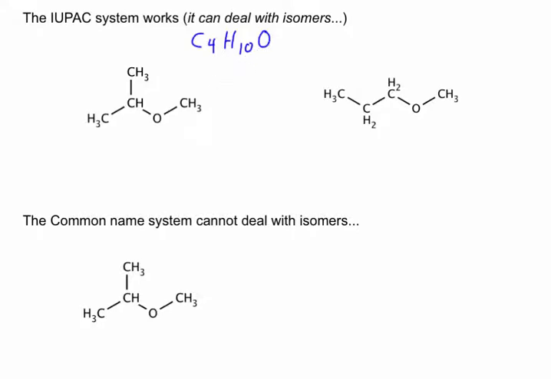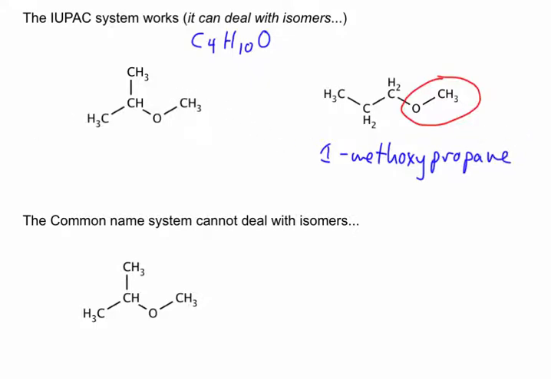What the IUPAC system allows you to do is name these alkoxy branches when they're on different carbons. Let's look at this one first. The longest chain is those three carbons, and this becomes our methoxy branch. So we're going to call that methoxypropane, but where is the methoxy branch? It's attached to carbon 1, so that becomes 1-methoxypropane.